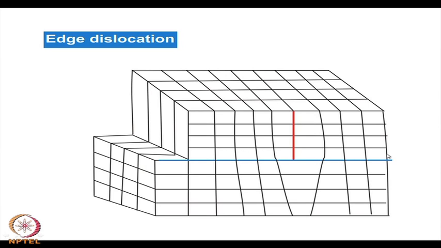The presence of a dislocation has helped the movement of atoms, sliding up or down, rightwards or leftwards, much more easily at a much lower stress.